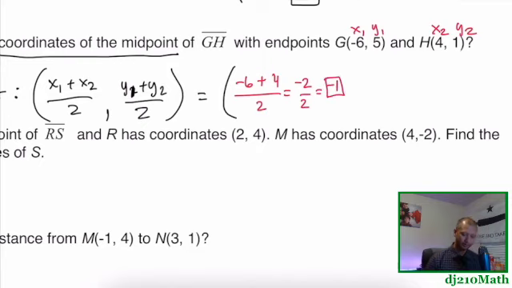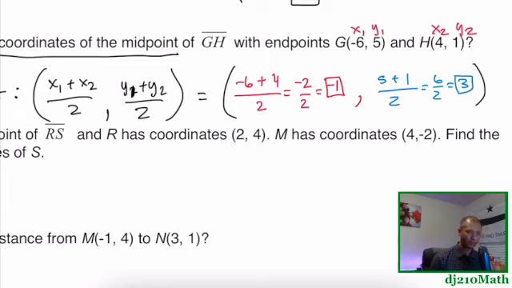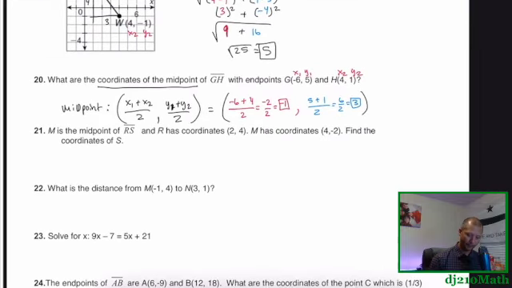So the x coordinate for the midpoint is negative 1. The y coordinate is going to be y1, so 5, plus y2, which is 1, over 2. This is 6 over 2, which is 3. So the coordinate for the midpoint is going to be -1, 3.